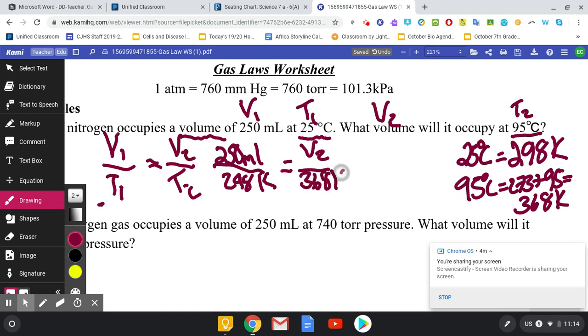Now it's just a simple algebraic problem where we solve for V2. To get rid of the 368 here, we're going to multiply each side by 368.